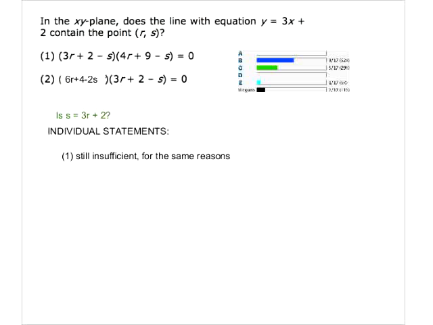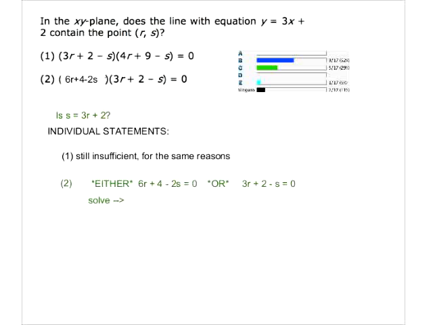But let's look at statement 2. Statement 2 this time means either 6R plus 4 minus 2S is 0, or 3R plus 2 minus S is 0. Sorry, that's 0, not a 9. If you solve these, here's what you get.